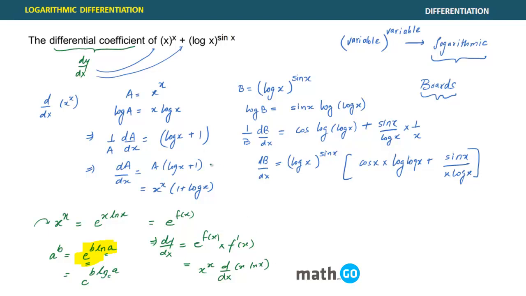If you compare, we are already at this particular stage. You will get this answer only. So this is the shortcut method for the variable raised to power variable form: you express it as e raised to variable 2 times ln variable 1, if this is variable 1 and this is variable 2.